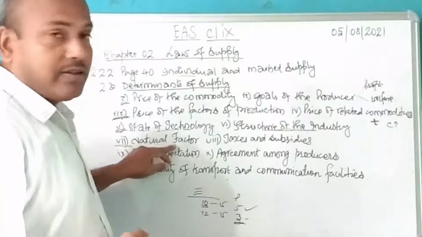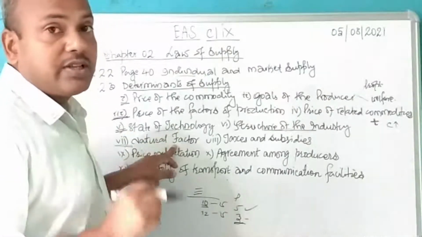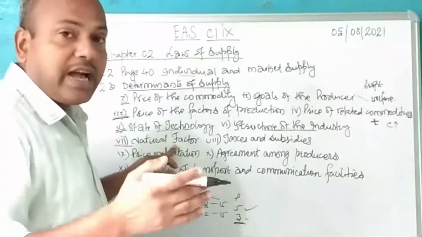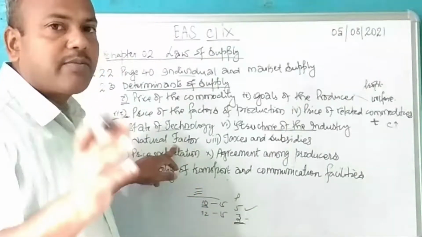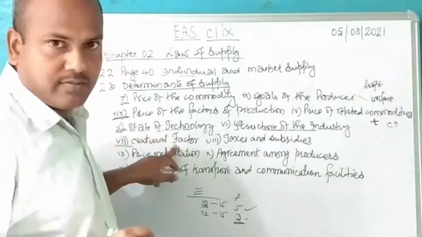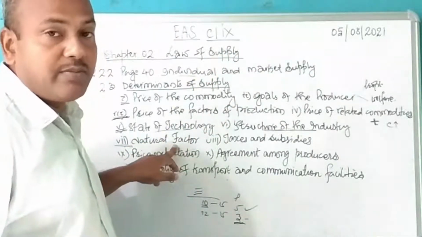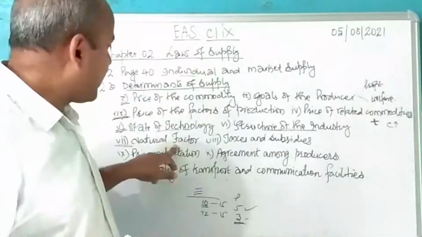So if the weather is not good, supply will be less. If there is very good weather favoring production, production will be high, and supply also will be high. Because if the production is high, the farmer will find it difficult to store, so it is better to get rid of the produce by selling it.